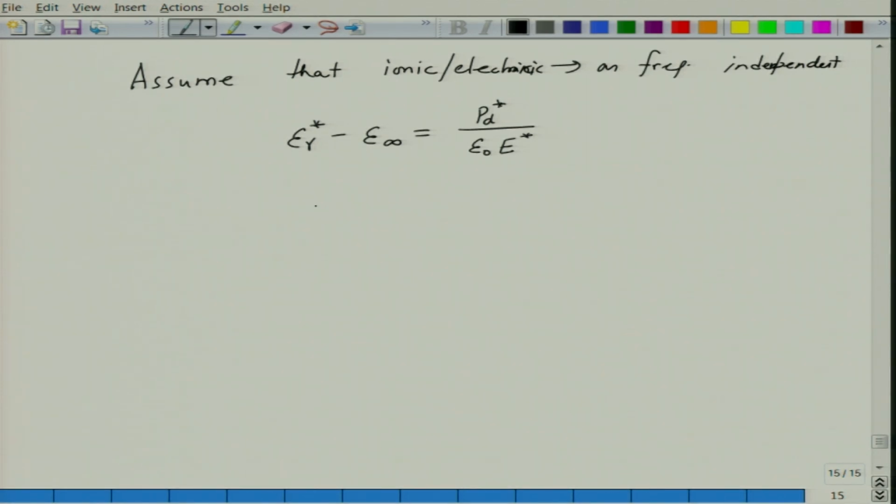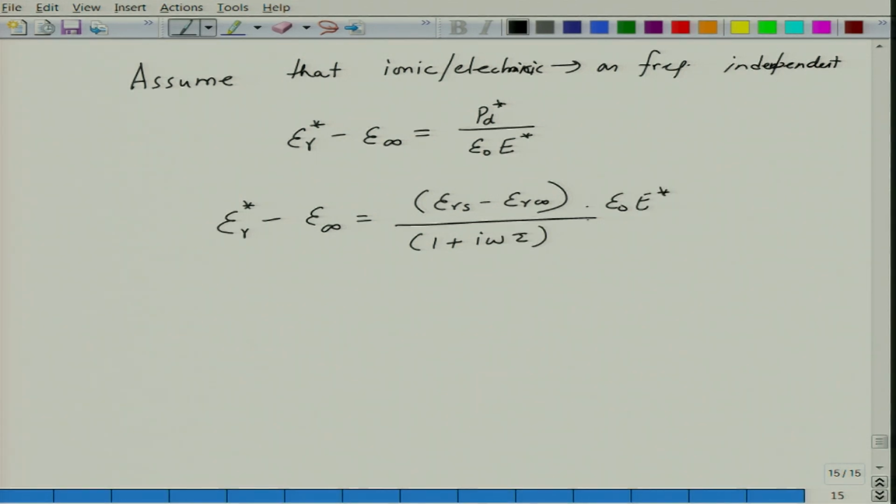So, what we have done is we have just taken the frequency independent part of the polarization. So, this becomes equal to essentially epsilon r star minus epsilon infinity. This is equal to epsilon rs minus epsilon r infinity divided by 1 over i omega tau into epsilon naught E star, and at the bottom we will also have epsilon naught.